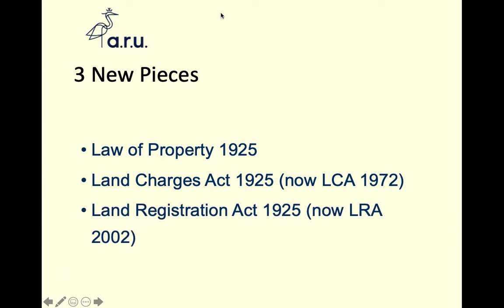And then finally, and quite important for where we're about to head, we have the Land Registration Act 1925. So the creation and establishment of a registry for land and some form of documentation and formalisation of who had what regarding land that would be held centrally at Land Registry. And that obviously has been updated and replaced by what we now recognise as the Land Registration Act 2002, and that will be the act that we reference and cite in our work.